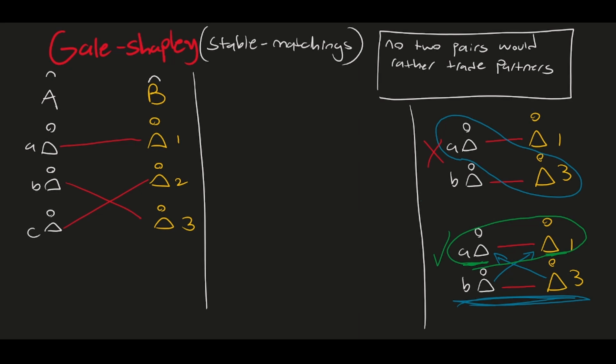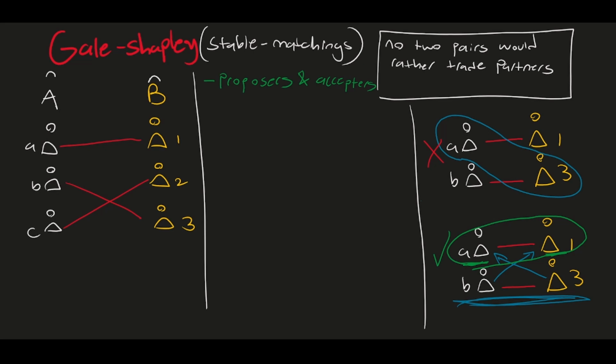The Gale-Shapley algorithm works like this. There are two groups of people: the proposers, and the people who accept, the acceptors.